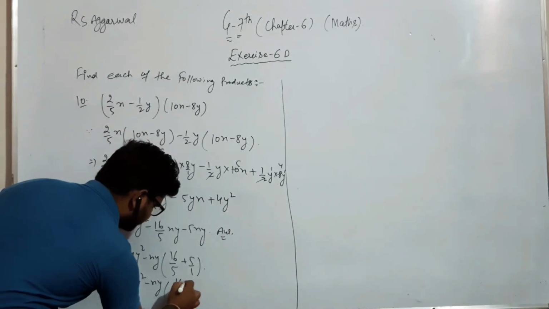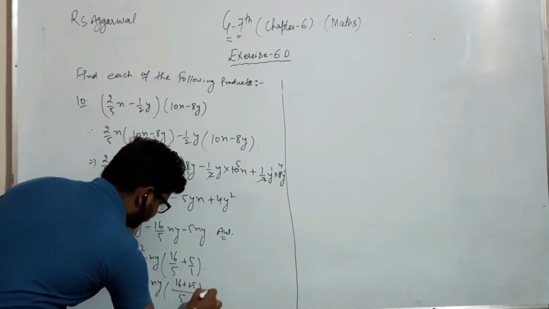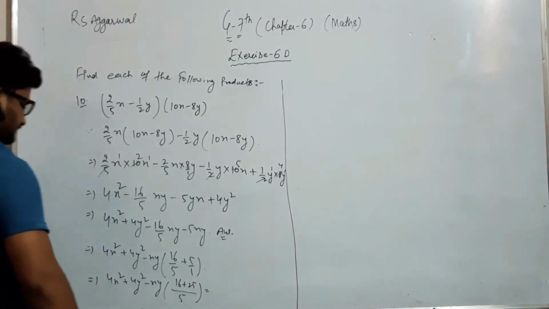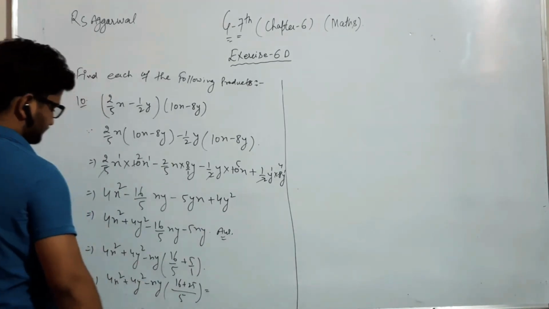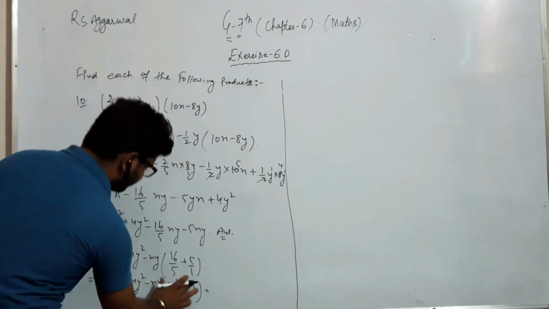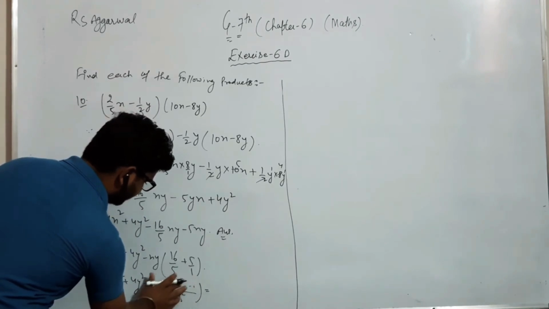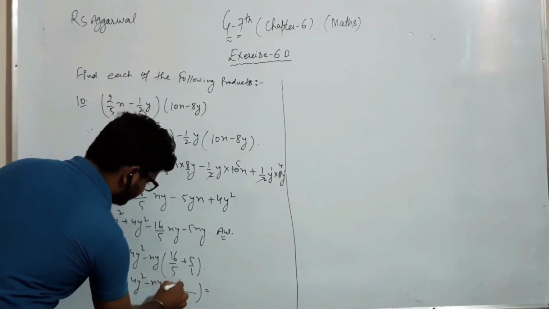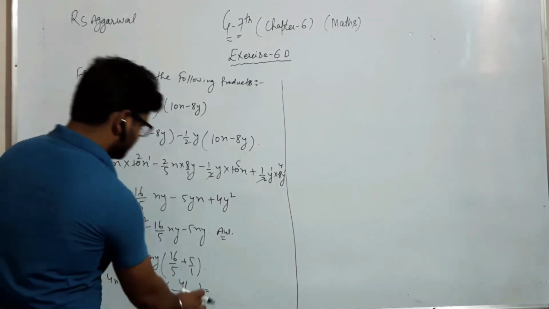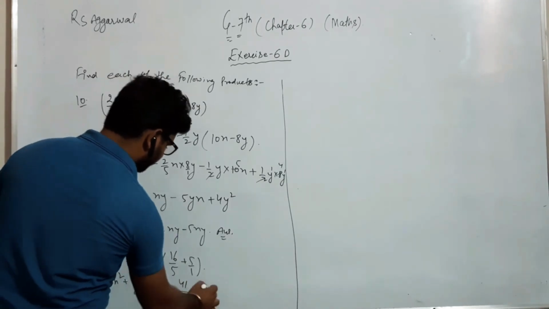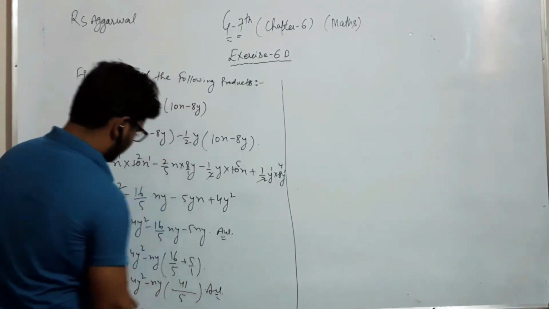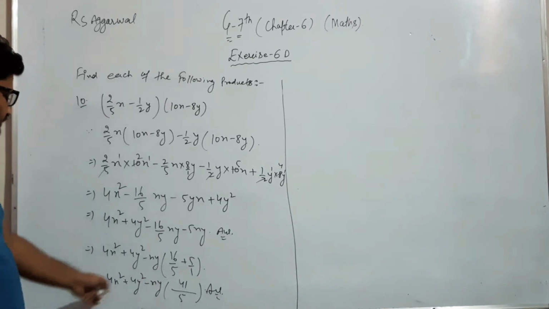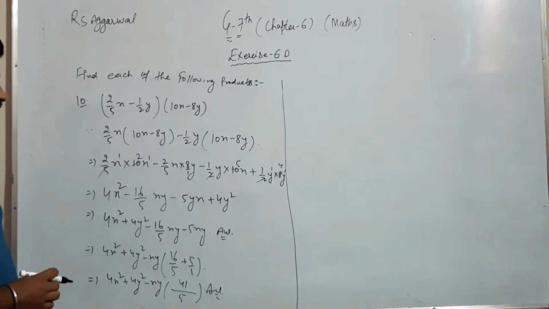So 16 plus 25 is left, which is 41 by 5. So we write 41 by 5. So this is the answer. So 41 by 5 xy is the answer of this question number 10.